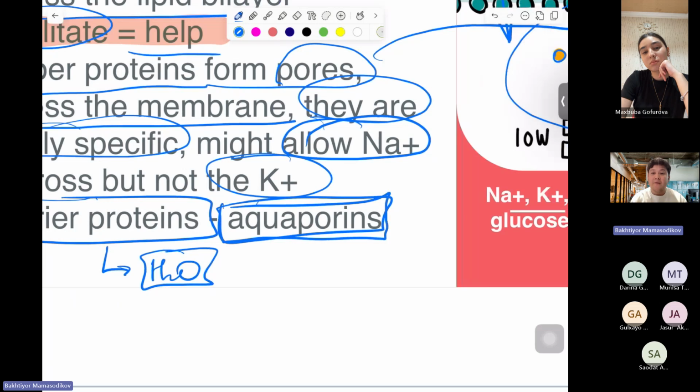Where in our body we have a lot of aquaporins? Where the water is a lot. Where in our body the water is a lot? Come on, dear doctors and dentists, our future colleagues.